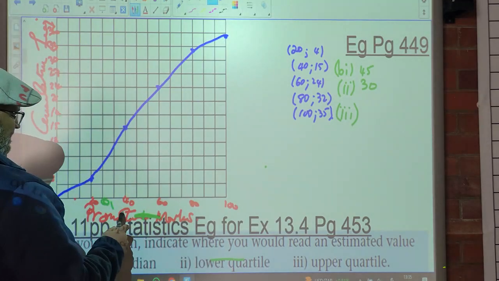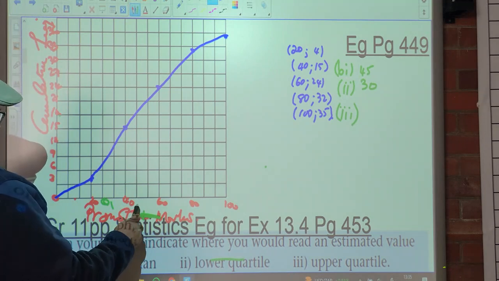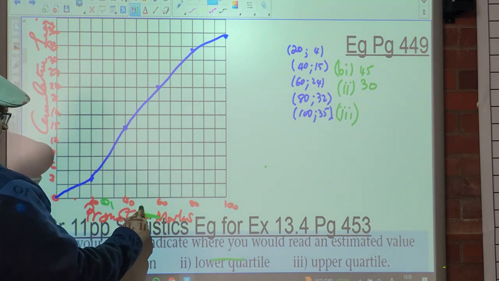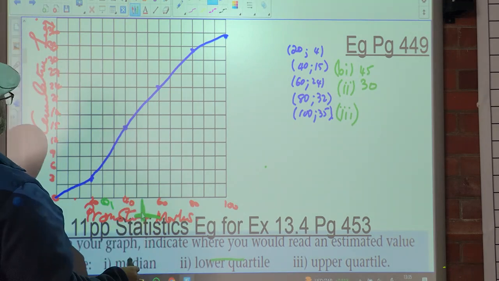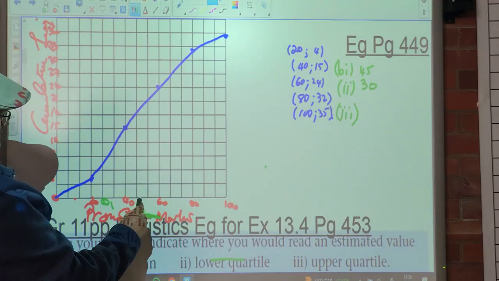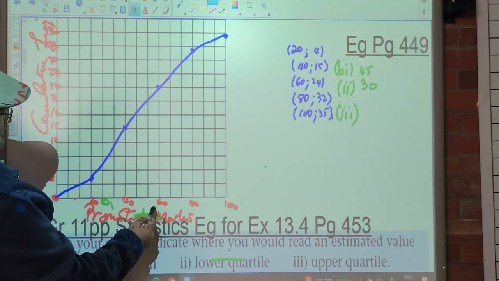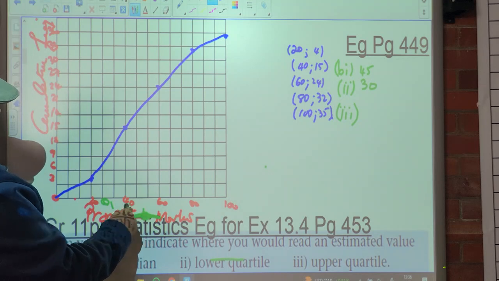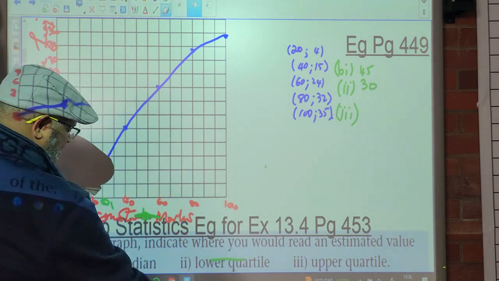So it's going to be at, what is that value? 45. I'm just going to make this mark here.